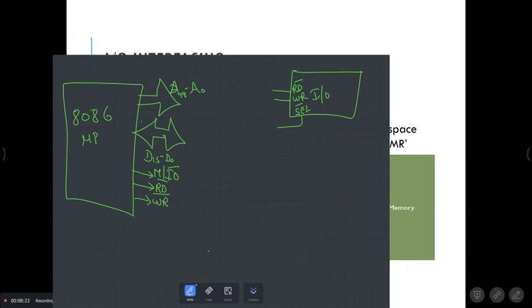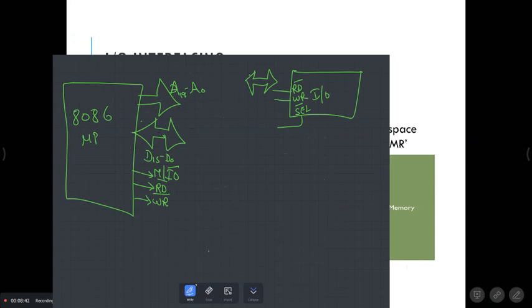Have you understood about it? Consider this IO is capable of doing both read and write. Understood this? Now, see here. It also has a data line. It requires data, yes or no?